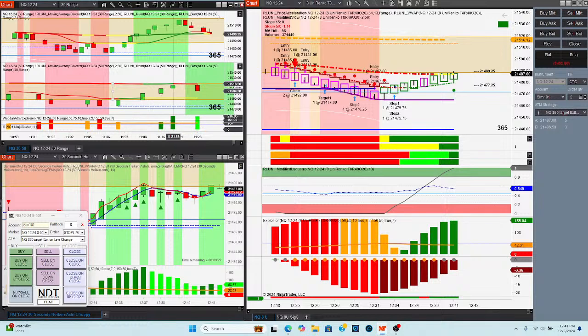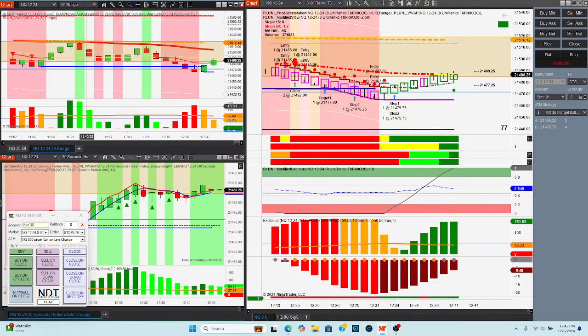Here we go. I think he could go all the way down to here, but that looks awful strange.